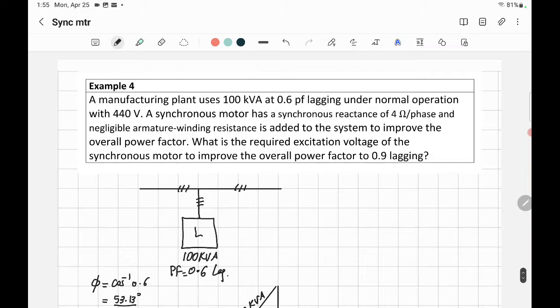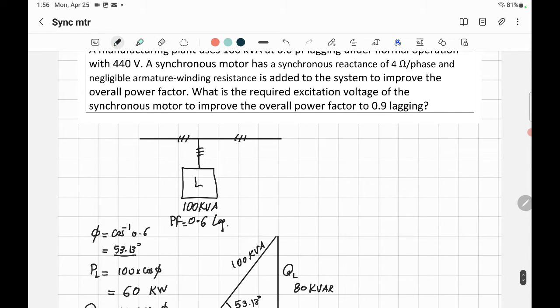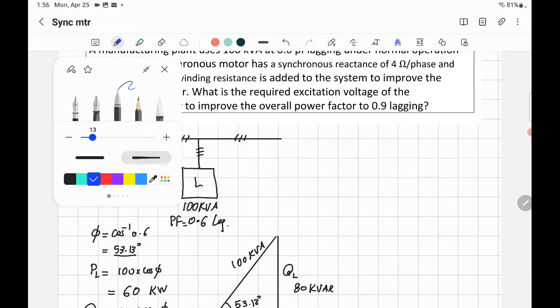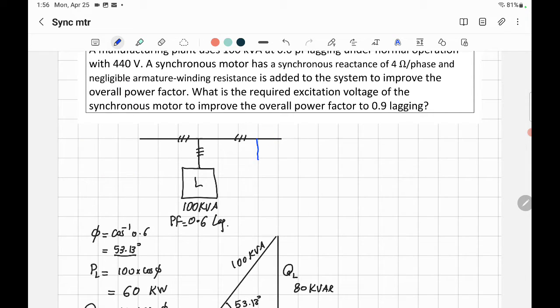Well, let's just continue here reading. A synchronous motor has a synchronous reactance of 4 ohm per phase and a negligible armature winding resistance, RA equal to 0, and is added to the system. So you want to add a synchronous motor to the system here, obviously, because you want to improve this poor power factor. So they connect a three-phase synchronous motor, and the reactance is equal to 4 ohm per phase.